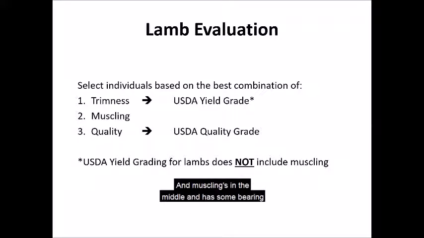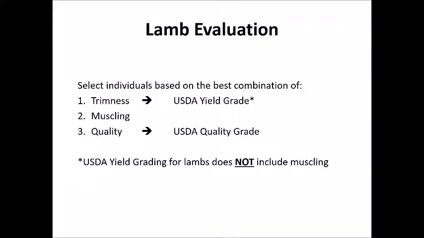And muscling's in the middle and has some bearing on both of the others, but not specifically on the USDA grades. USDA yield grade is driven by trimness, does not include muscling. If you're familiar with yield grading in beef cattle, there are muscle adjustments in that yield grade equation, not in sheep.